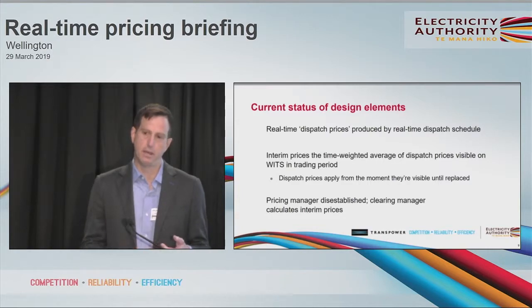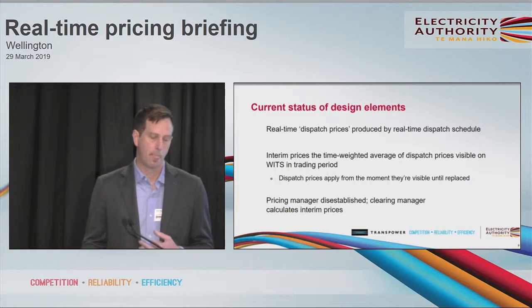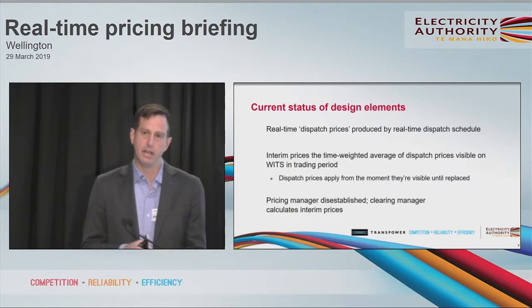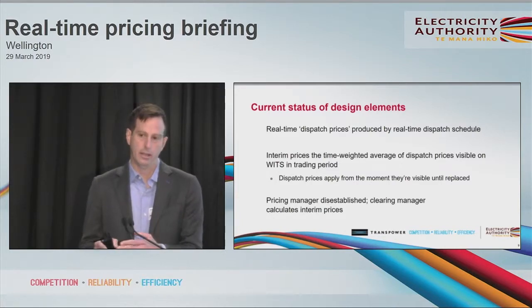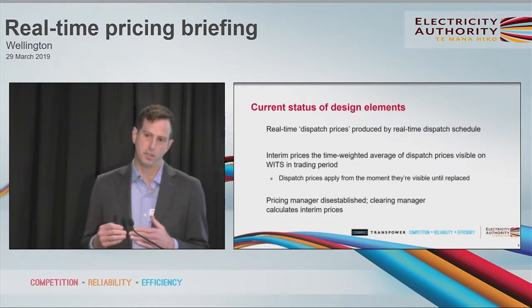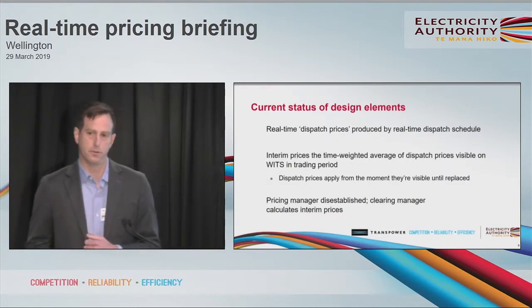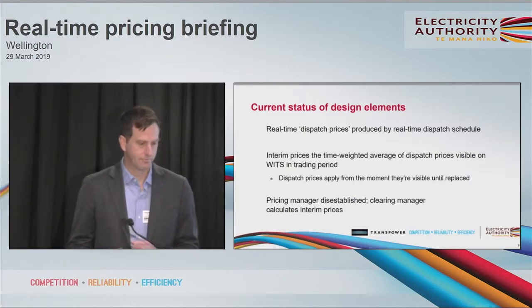If there was a market system outage on the system operator's side, so they're not striking new dispatch prices, then the same thing would apply, and then at the start, if you didn't have a new dispatch price being issued from the start of the next trading period, we would fall back to the most recently published PRS, the price responsive schedule. Yep.